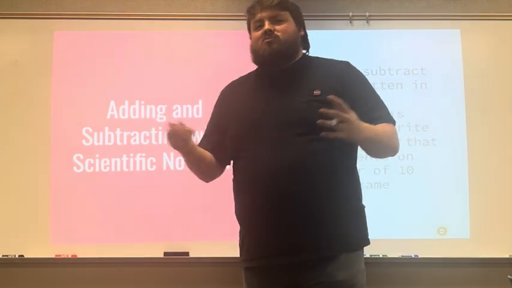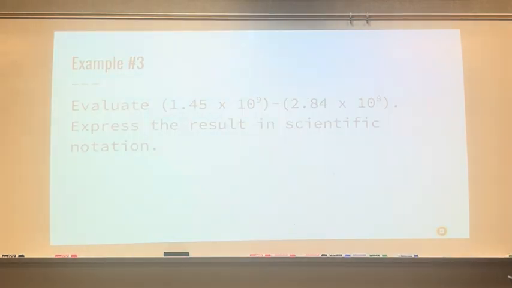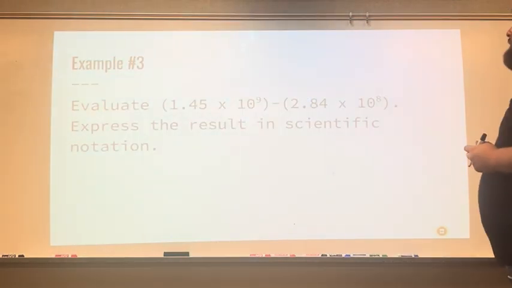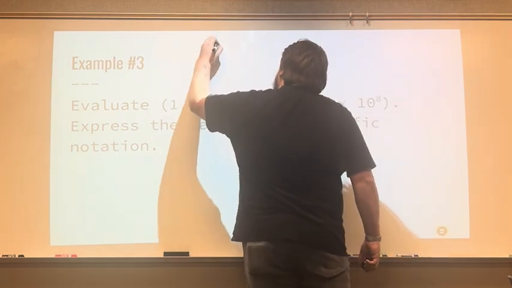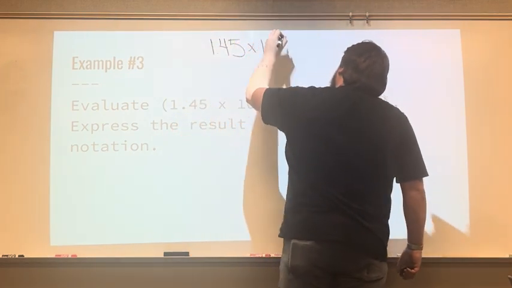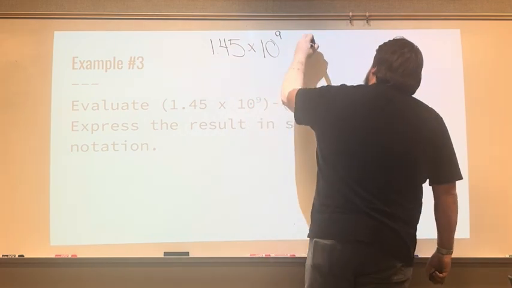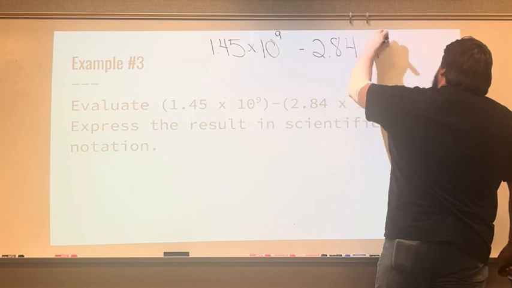So I need to move things around to make sure that it has the same exponent so I can add and subtract. So here I have 1.45 times 10 to the 9th minus 2.84 times 10 to the 8th.